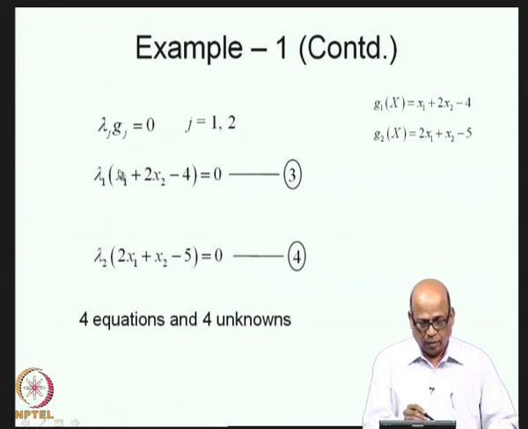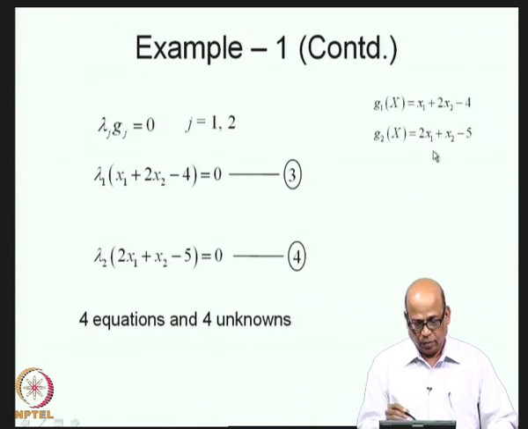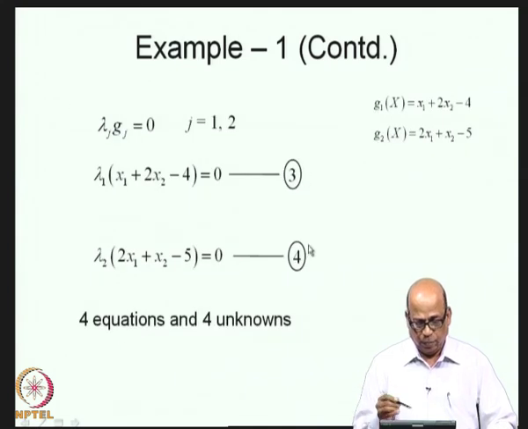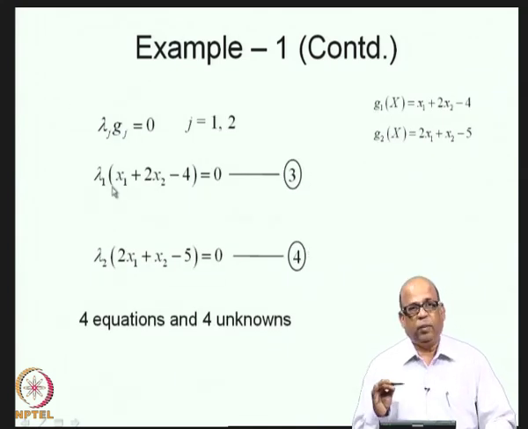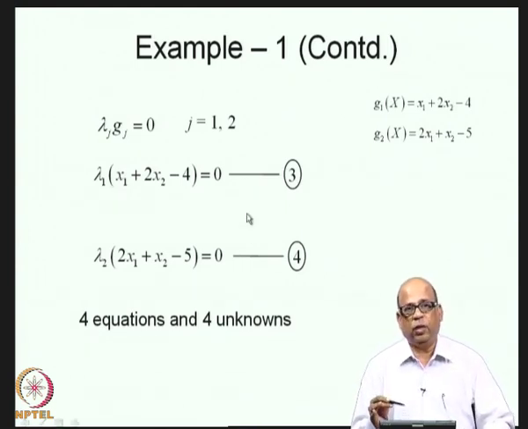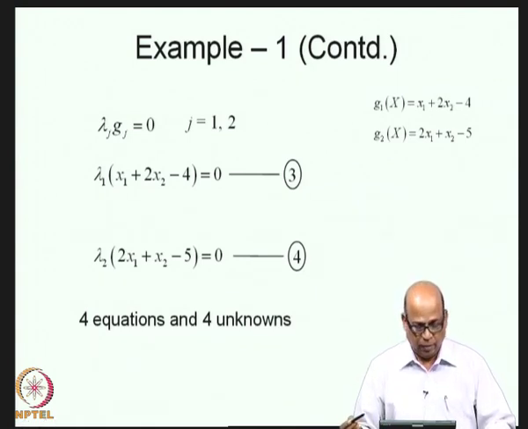So, lambda_1 into g_1, g_1(x) is x_1 plus 2 x_2 minus 4, is equal to 0. Similarly, lambda_2 into g_2 is equal to 0. So, you have 4 equations now, 1, 2, 3 and 4. You have variables x_1, x_2, lambda_1 and lambda_2. So, you can solve all these 4 equations simultaneously to get x_1, x_2, lambda_1 and lambda_2.